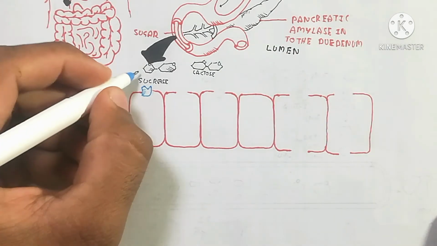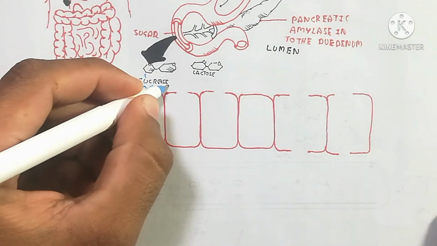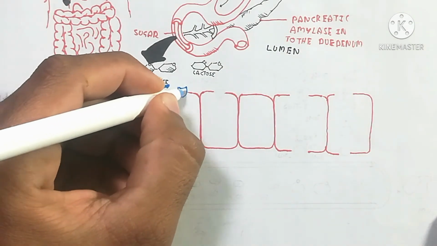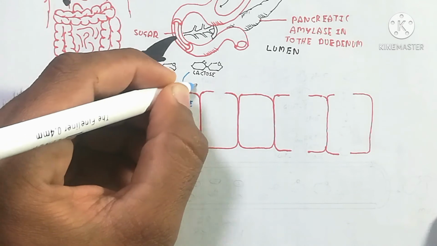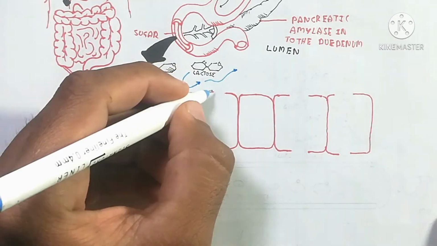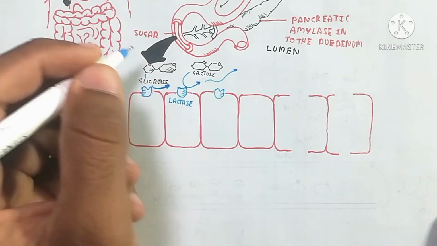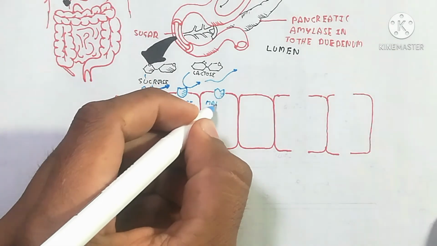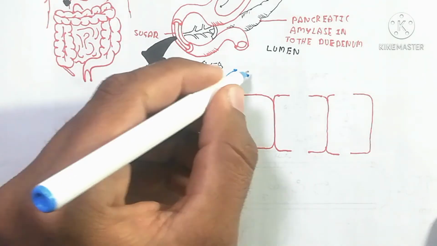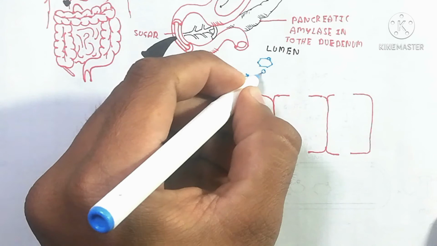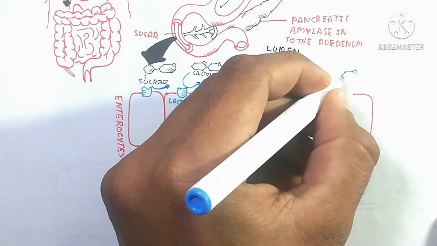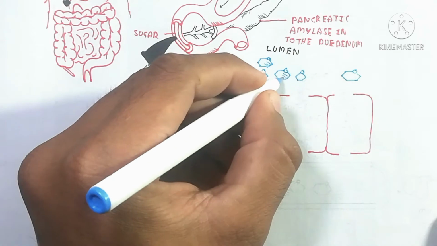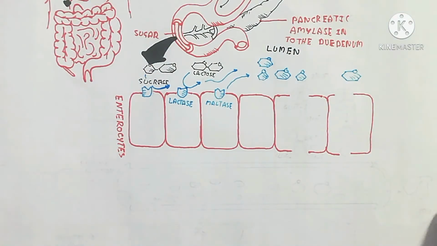Sucrose is hydrolyzed by the sucrase enzyme present in the brush border cell, lactose is hydrolyzed to simple sugar by the lactase enzyme, and maltase is for maltose digestion. So these will be converted into simple sugars, and the simple sugars will be actively transported into the enterocyte by the GLUT1 channel and GLUT5 channel.